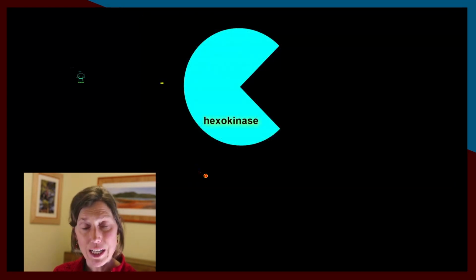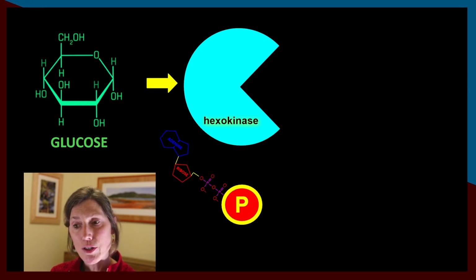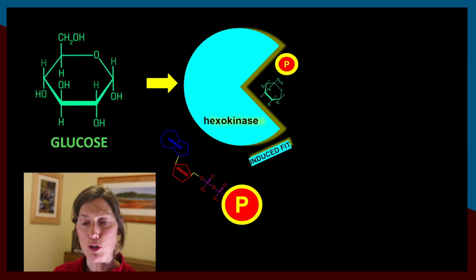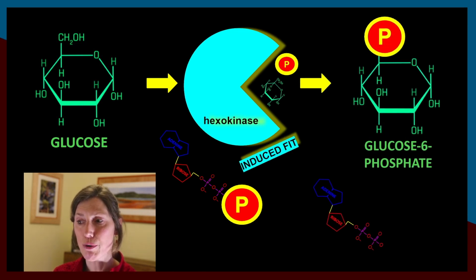So let's first take a closer look at the actual reaction. You're seeing here a model of the hexokinase enzyme and the glucose molecule. And then you see the molecule ATP, again, adenosine triphosphate. Hexokinase facilitates the transfer of the phosphate group from ATP to glucose, thereby turning glucose into glucose 6-phosphate.